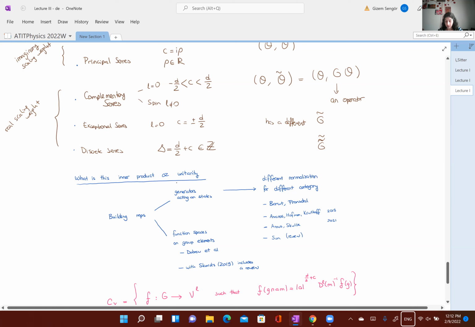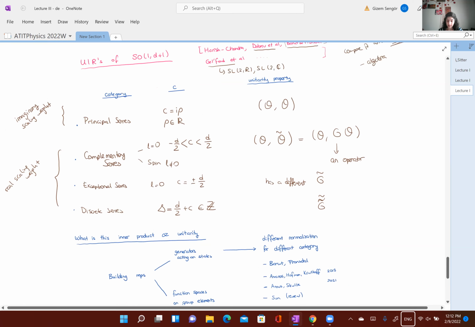Now, if you go the generator way, the algebra way, you see that for each category you want to define normalized states. Say you start with some state like this, with some normalization.